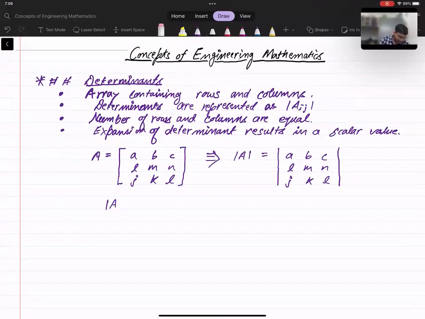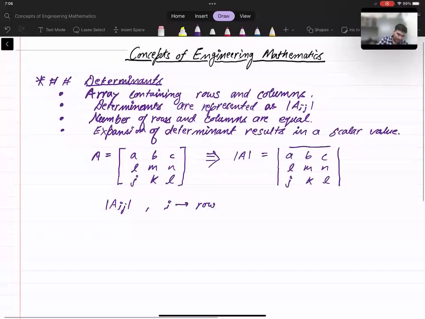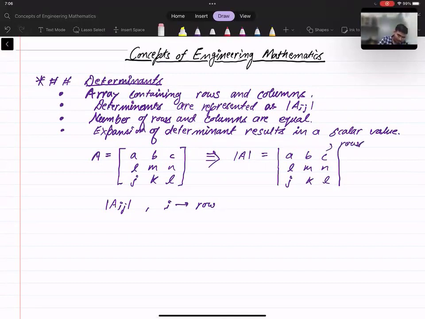Here i represents the row number. These are rows, and here we have columns.